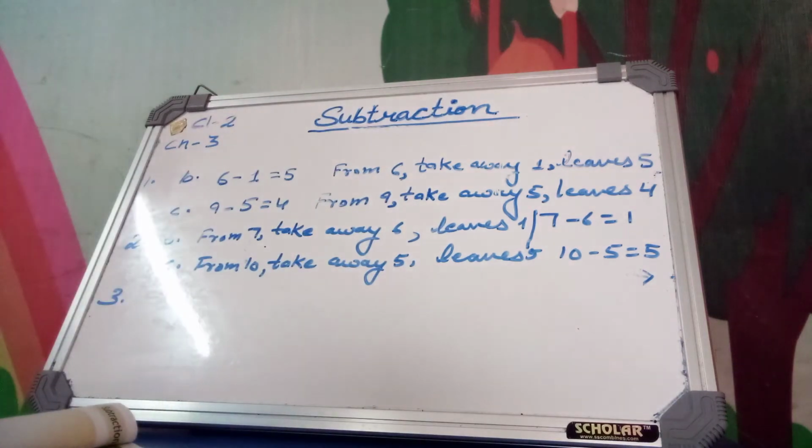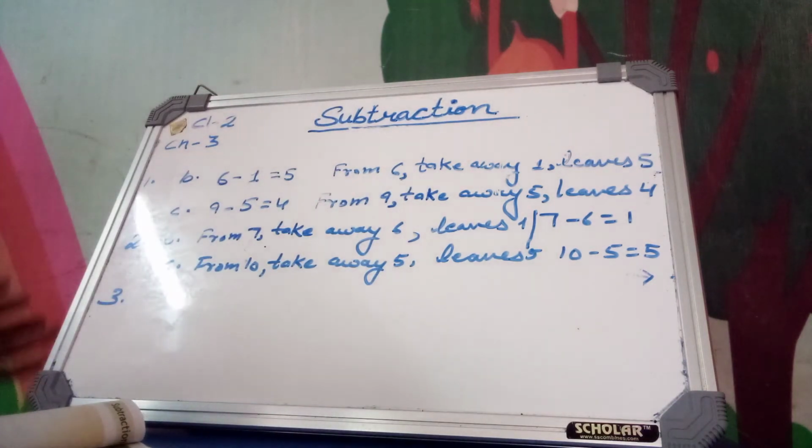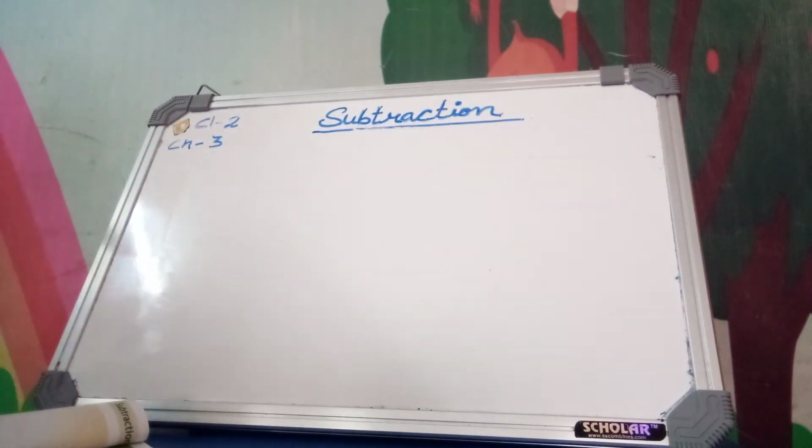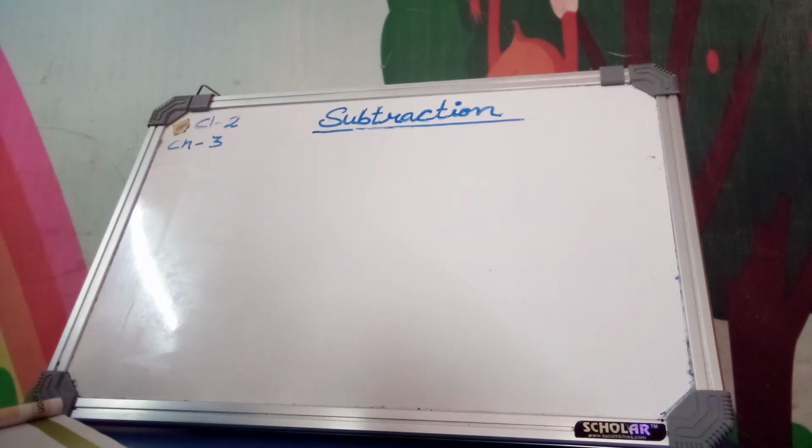Now see the question, page number 31. Count backward and write the answer. In this question you have to count backward. Now see page number 31, exercise question number 1.